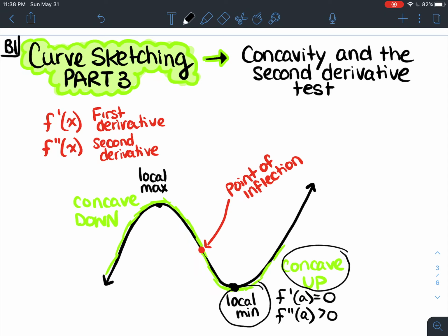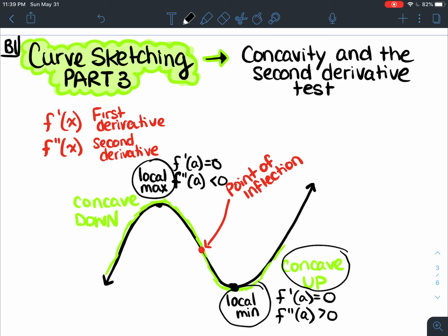Whereas if you have a concave down section and a local max, we will know that our derivative would be 0, because it's 0 at the max and mins, and our second derivative will be less than 0. And there'll be a local maximum.